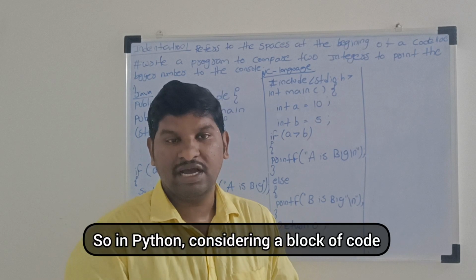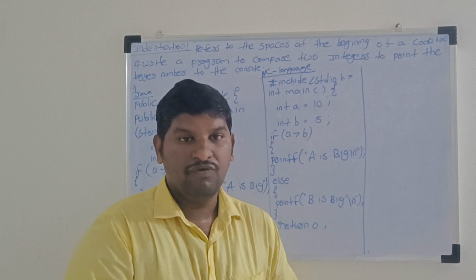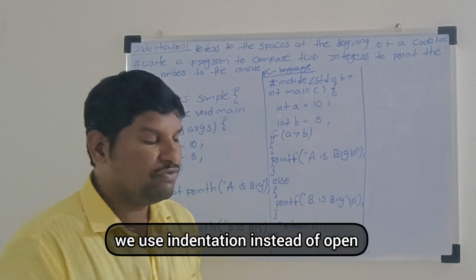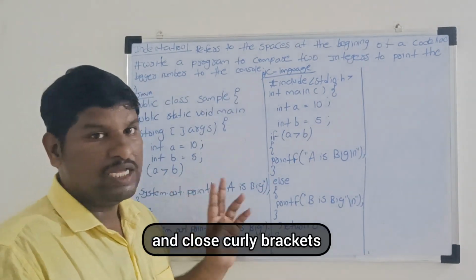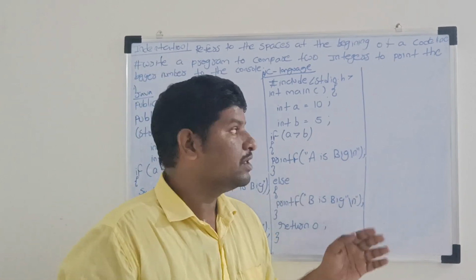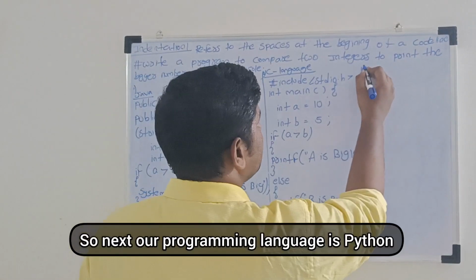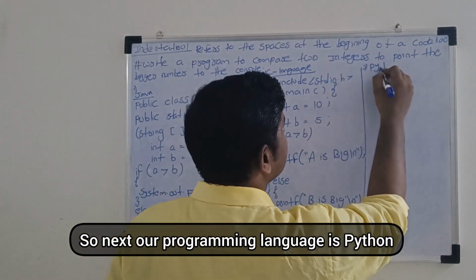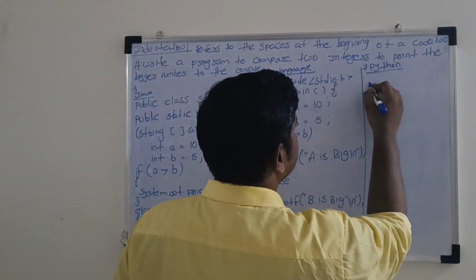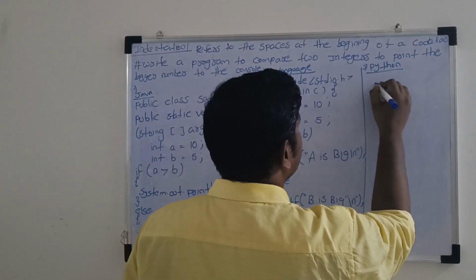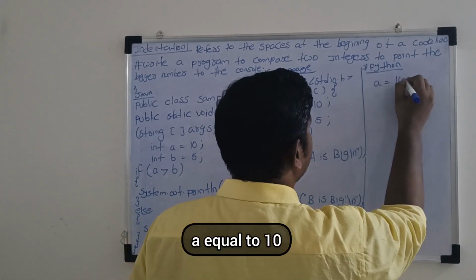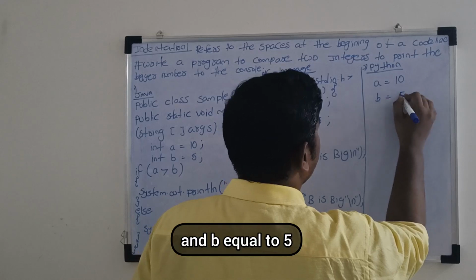So in Python, for a block of code, we use indentation instead of open and closed curly brackets. Now I'm writing the same logic in Python also. So a equal to 10 and b equal to 5.